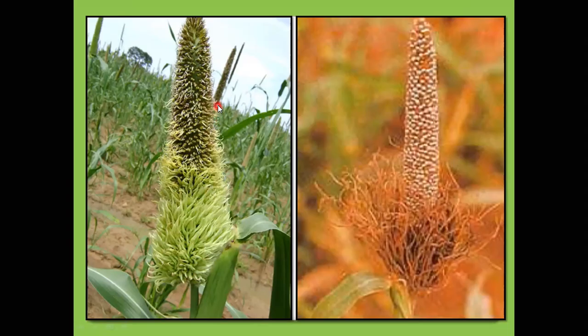The infected plants develop the earhead, or sometimes fail to develop the earhead. Suppose the infected plant develops earheads, then partially or completely the ovaries are transformed into green leafy structures. See these first pictures. These infected earheads are partially converted into green leafy structures.